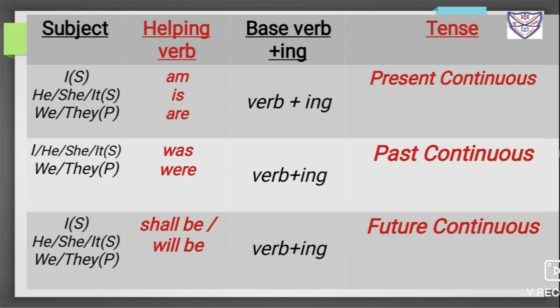When we add helping verbs was and were before the base verb and add ing to it, we get past continuous tense. And when we add helping verbs shall be and will be before the base verb and add ing to it, we will get future continuous tense.